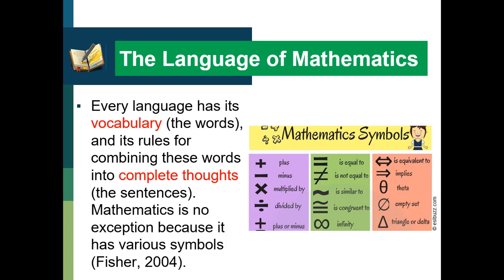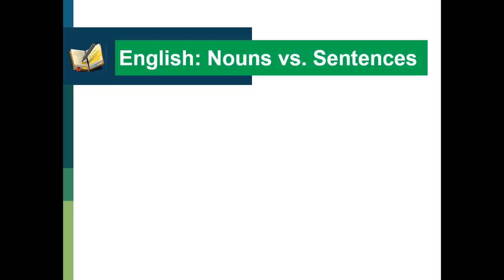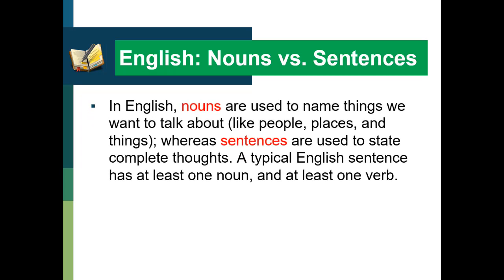If you combine these symbols, you can create a sentence or a complete thought. But before that, let us first discover the difference between nouns and sentences in English, because we'll be using this point of view in discovering the difference between expressions and sentences in mathematics.